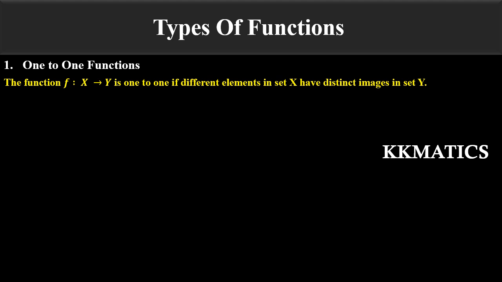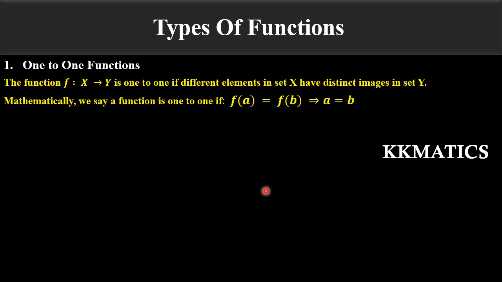One-to-one function is actually a function that maps from x to y, and we say it is one-to-one if different elements in set x have distinct images in set y. So what that means is this.